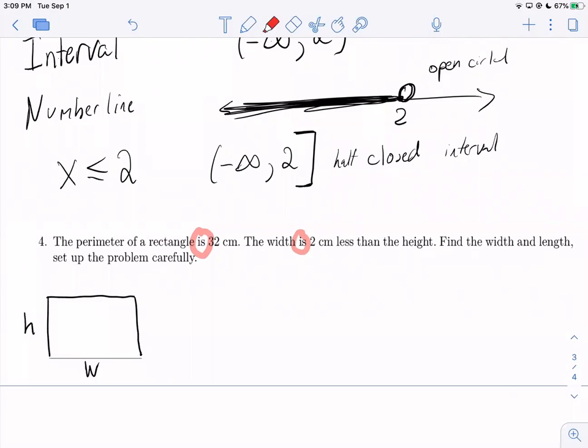Sometimes in English we'll see phrases like "Mark scored 5 fewer points than Robert." You have to kind of parse and think about what that actually means in terms of an equation, and you actually end up doing Robert minus 5 equals Mark, or Mark equals Robert minus 5. You have to just take a moment to interpret how to set that up.